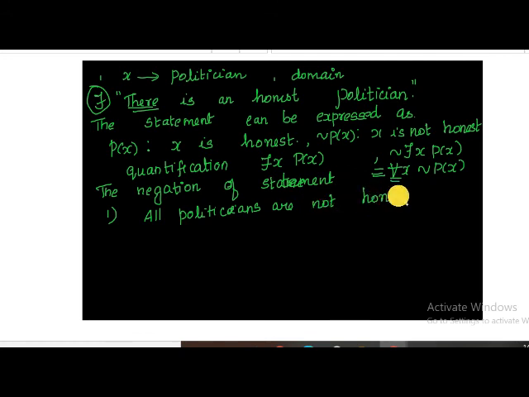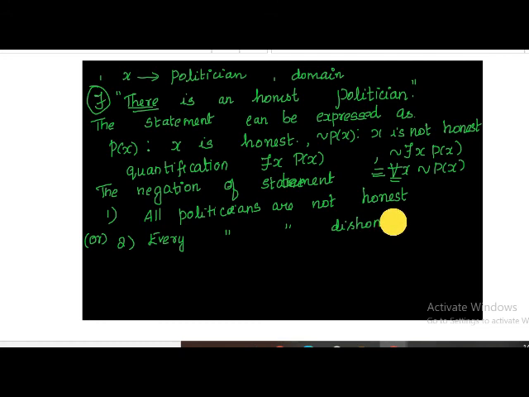The second way you can express this is: every politician is dishonest. You can also write: every politician is dishonest or not honest.